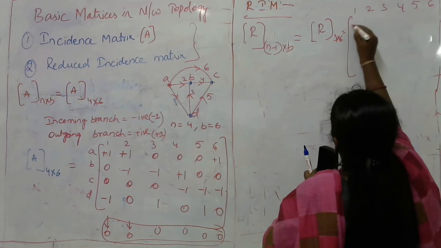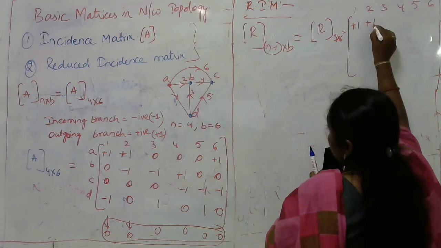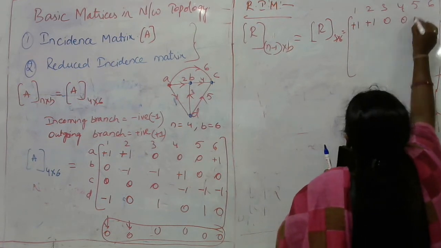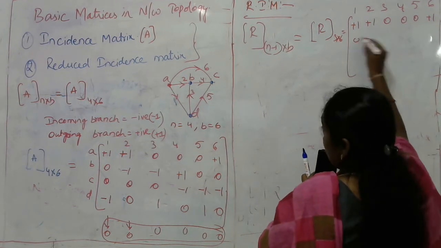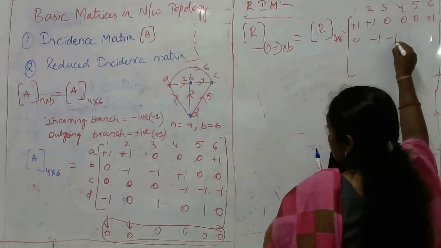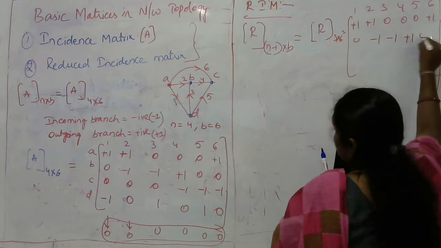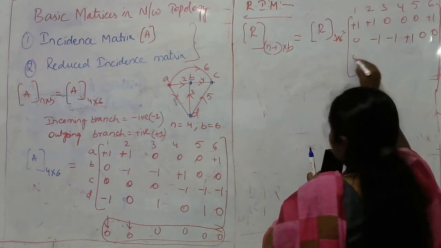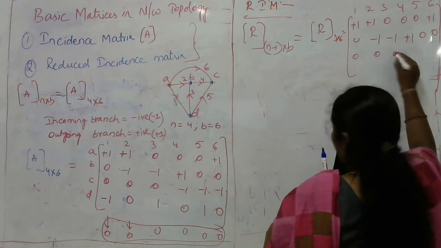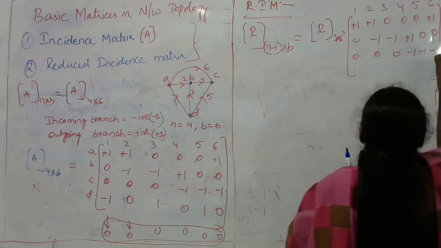Node A has plus 1, 0, 0, 0, and plus 1. Node B is 0, minus 1, plus 1, 0, 0. Node C is 0, minus 1, minus 1, minus 1.